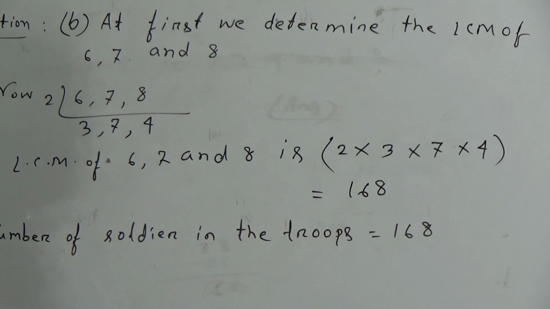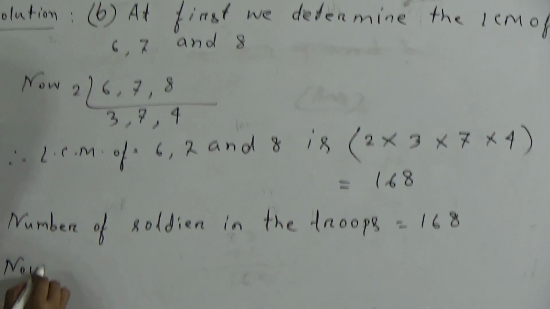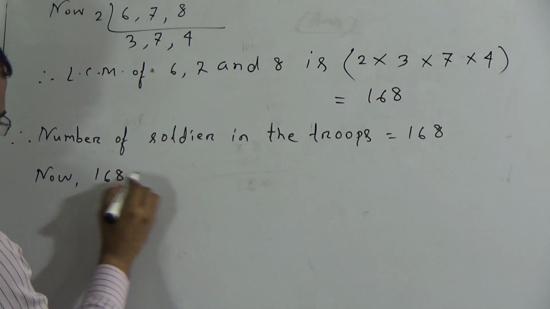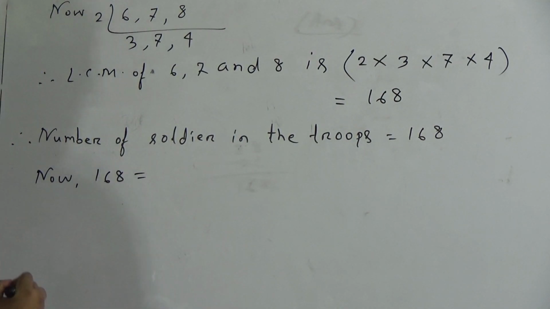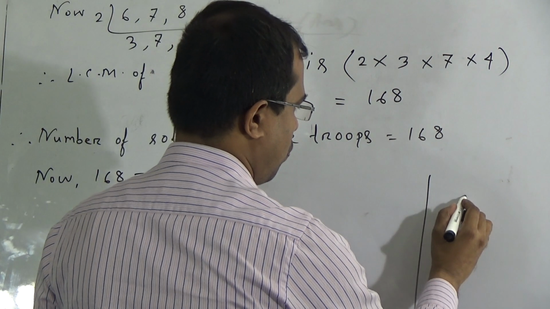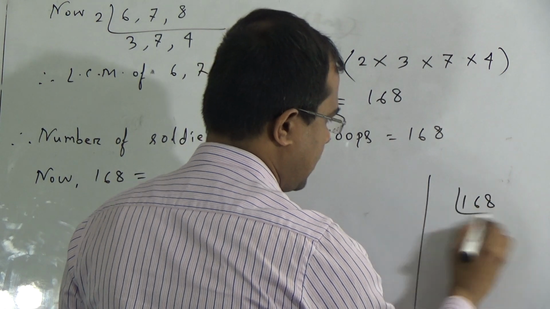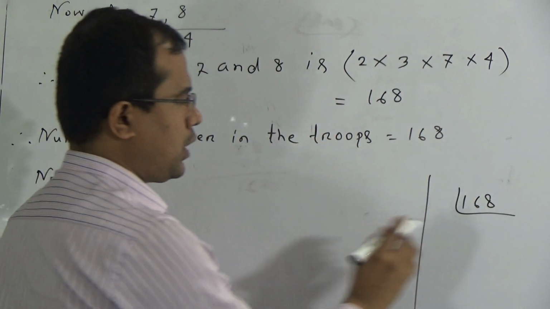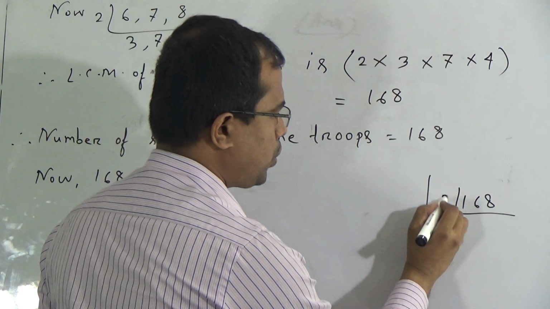Now the question is, by which number we have to multiply it so that the number of soldiers can be expressed in square form. Now 168, we will express 168 as the product of its prime factors. 168 is divisible by 2.